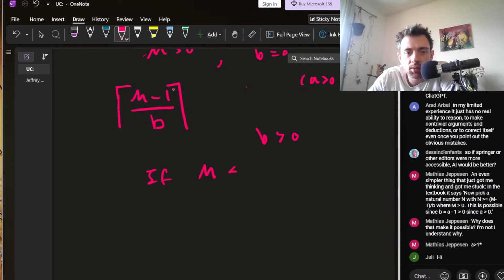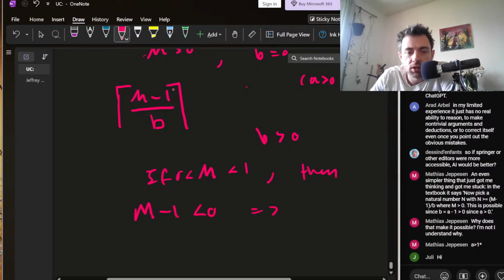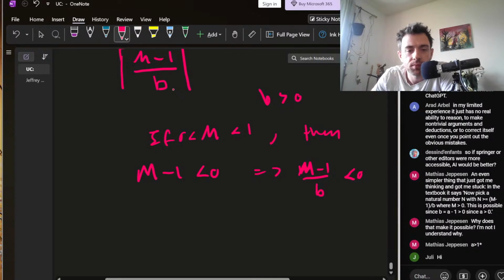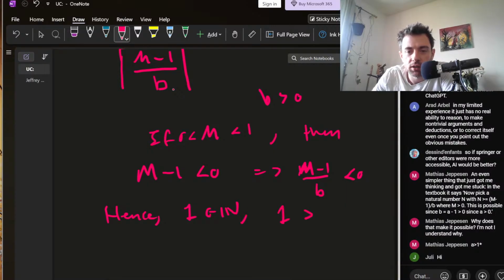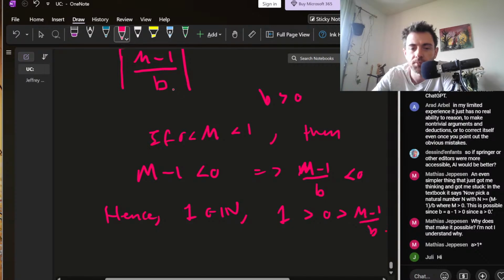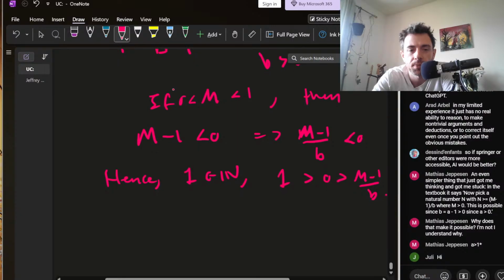So if m is less than 1, and we know it's also bigger than 0, then m minus 1 is negative, and that implies that m minus 1 over b is negative. Hence 1 is a natural number, and 1 is certainly larger than 0, which is larger than m minus 1 over b, right?